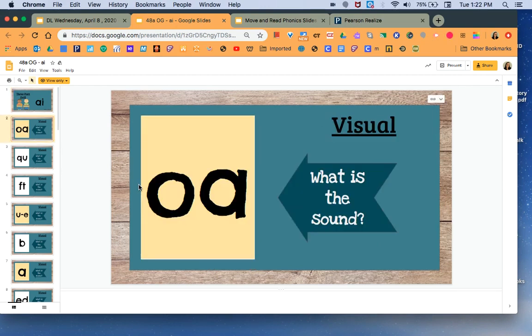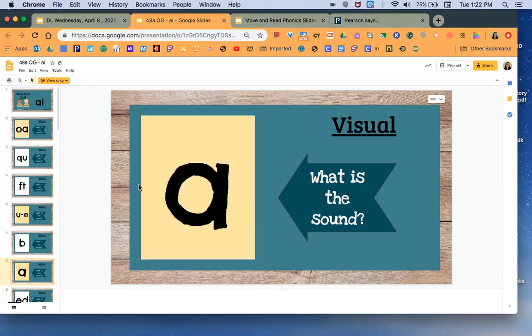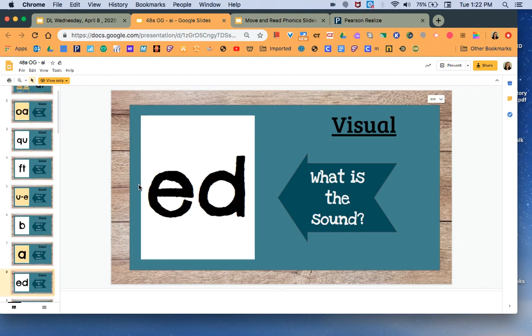OA says O. QU says Qu. FT says Ft. U magic E says U. B says B. A says A and sometimes ED can say 3 sounds. ED says ed, d, and t.